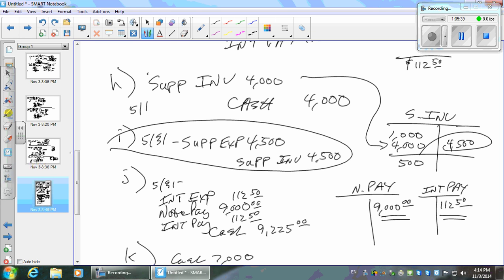Not debiting supplies, right? And not crediting inventory. What would that do? Expenses would be understated. Yeah, expenses would be understated. And assets would be overstated. Yeah. And then what would that do to everything else?